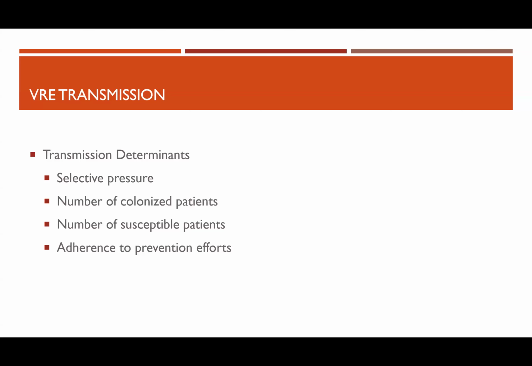So after vancomycin-resistant enterococci have been introduced into the healthcare setting, transmission is often determined by selective pressure, which can be due to antimicrobial use, the proportion of colonized patients, the availability of susceptible patients, and the adherence to any efforts to prevent spread of infection.